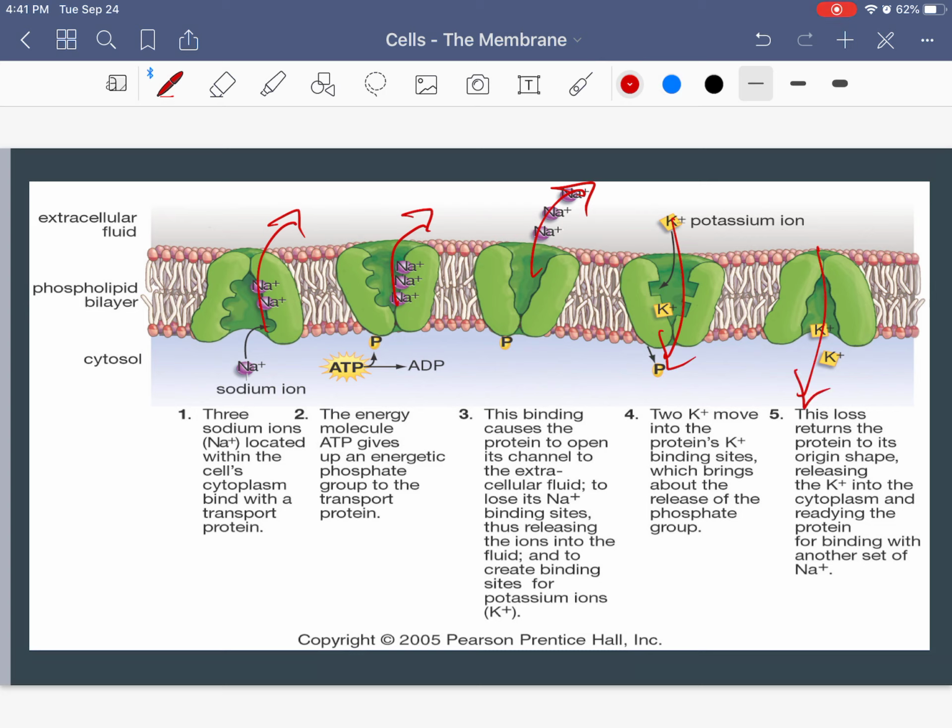So the binding of the sodium atoms to the pump causes it to change shape, and that allows that sodium to be pumped out. And it also allows the potassium to bind in. This is the same pump. It's just when in one configuration, sodium binds, and in another configuration, potassium binds.